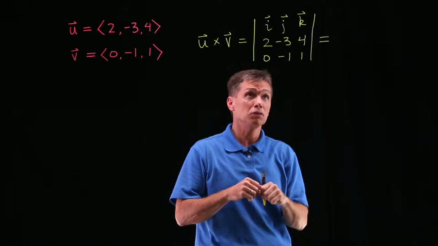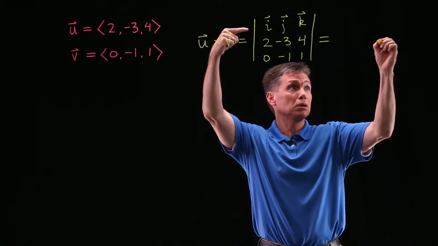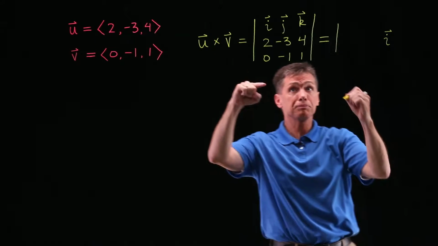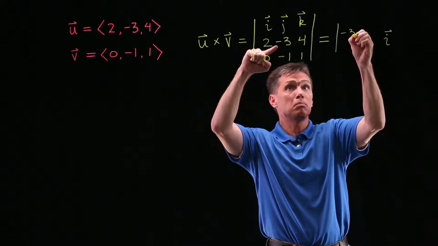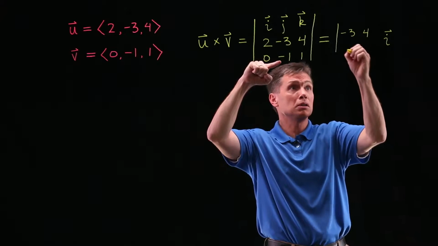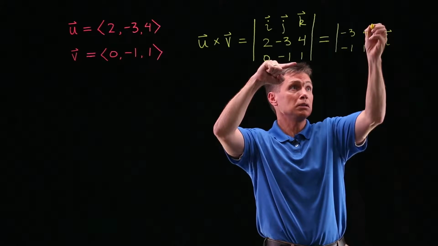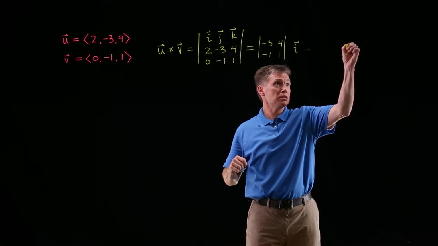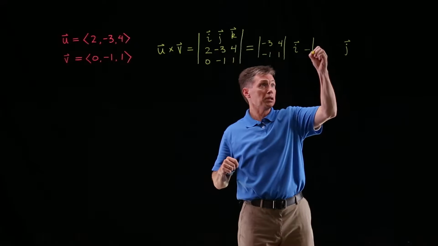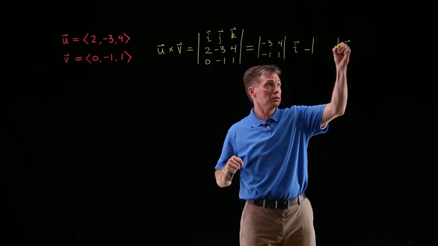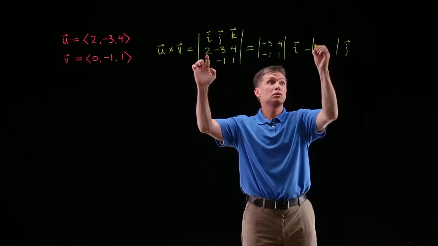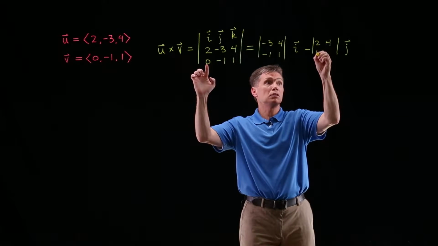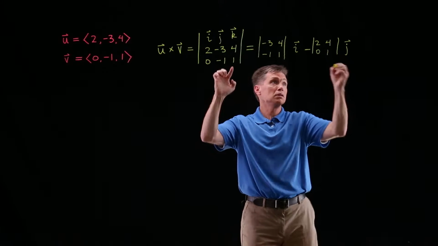Then we get into cofactor expansion in order to find the cross product. Across the top row, the i vector is going to multiply the submatrix minus 3, 4, minus 1, 1. Then minus, and my j vector multiplies the determinant of the submatrix 2, 4, 0, 1.